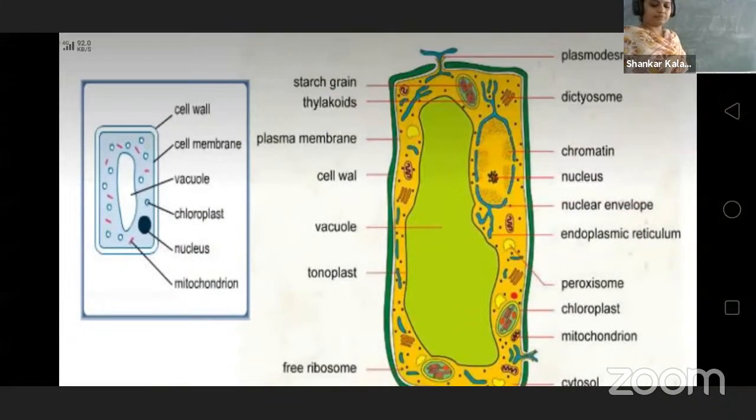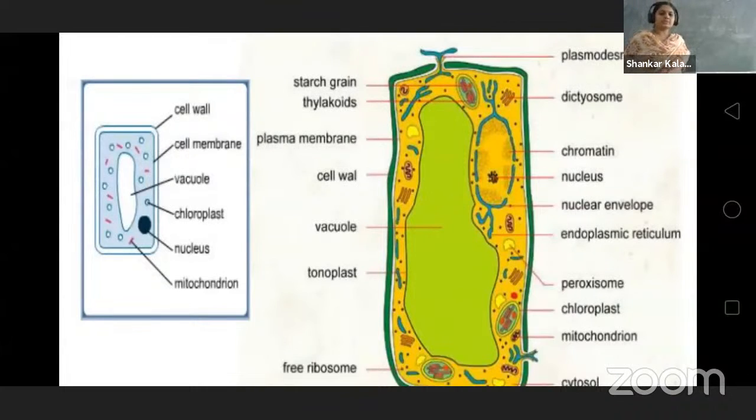We are going to discuss only some parts of the plant cell: cell wall, cell membrane, vacuole, chloroplast, nucleus, mitochondria.